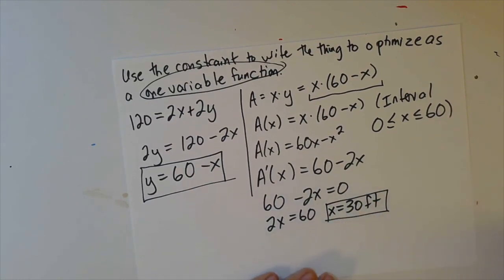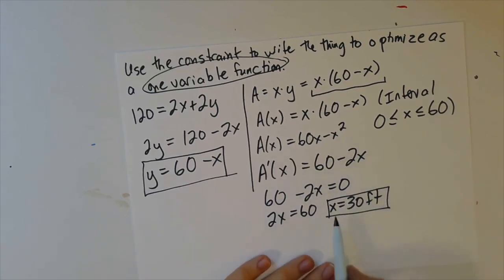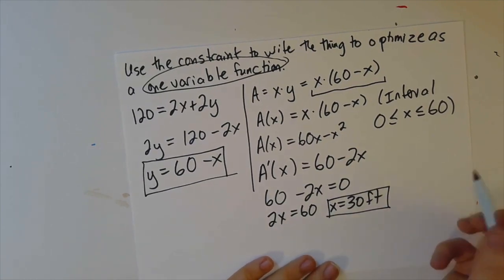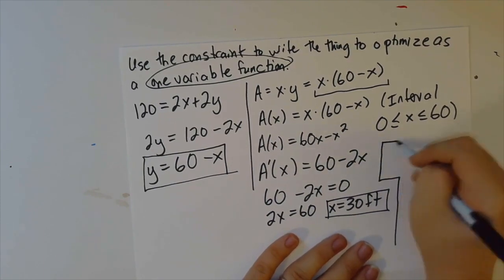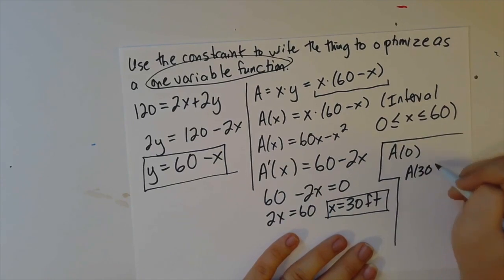Okay, and so that means that now my best possible fence happens either when x is 30, when x is 0, or when x is 60. So just like in the regular closed interval method, because that's really all we're doing here, I can calculate A of 0, A of 30, and A of 60.